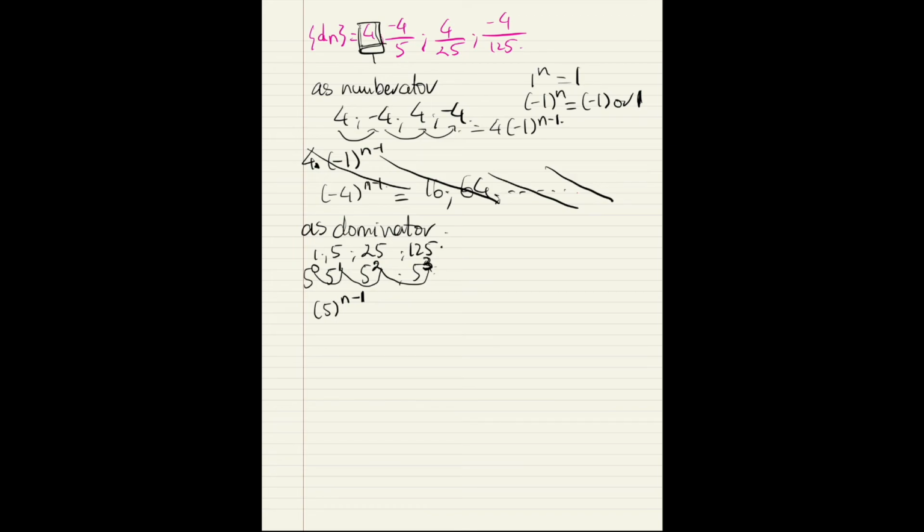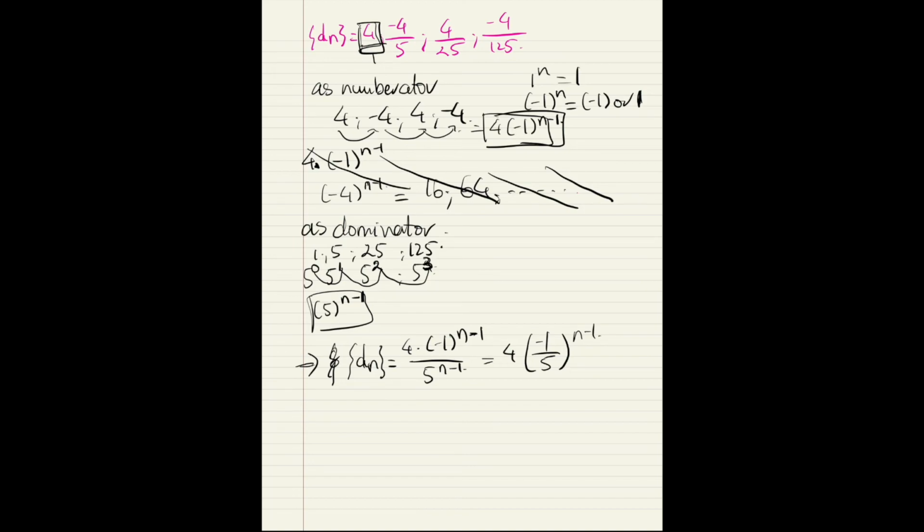So when we combine the numerator and the denominator, then we have the sequence dn equal to 4 times -1 to the n over 5 to the n minus 1, or it equals 4 times -1 to the n over 5 to the n minus 1.